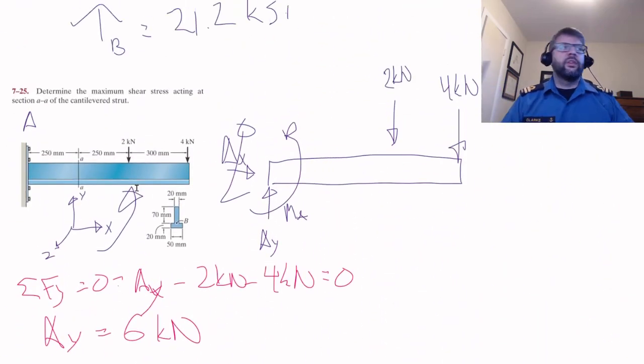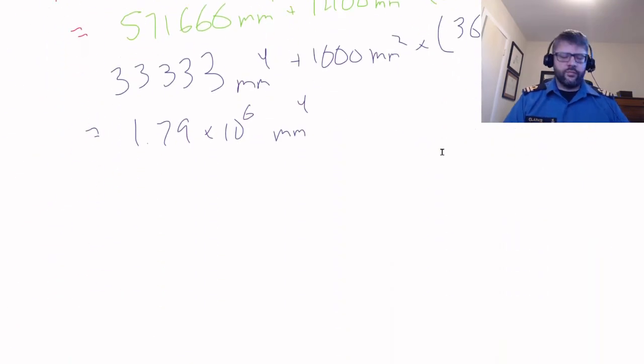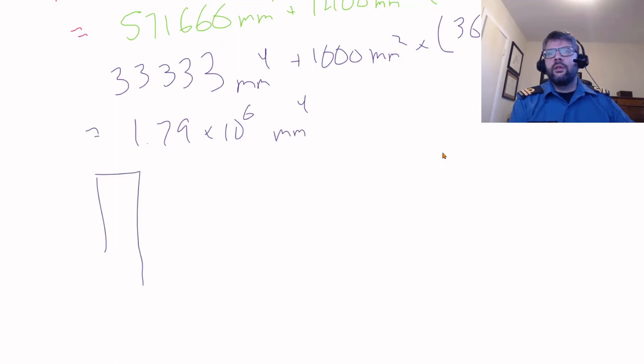So now basically what we need to do is figure out what our maximum shear stress is. And we know that the maximum shear stress will be occurring at the centroid, because that's the way shear stress works. I'll just try to draw straight lines.